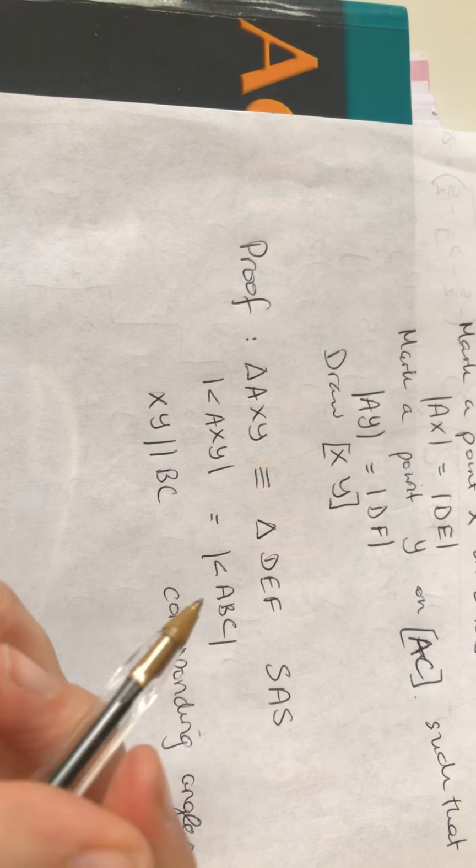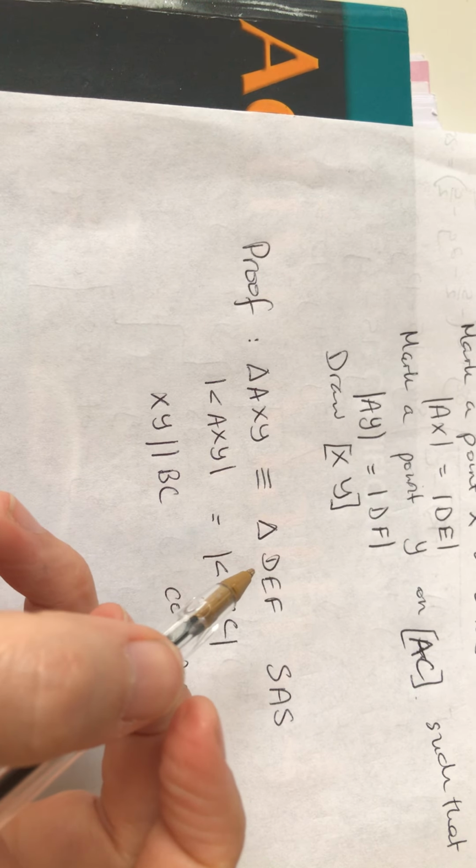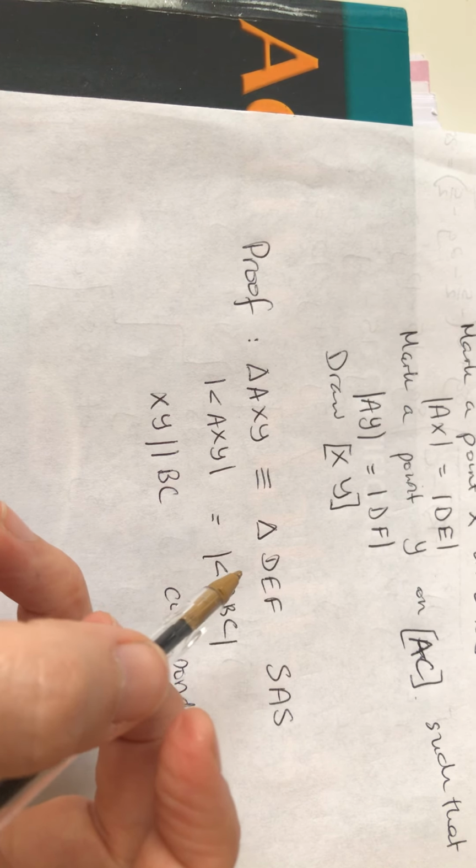Now, from Theorem 12, if you have a line parallel to BC that cuts AB in the ratio of S to T, then it also cuts AC in that same ratio.